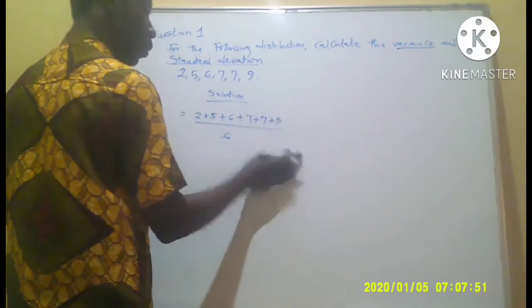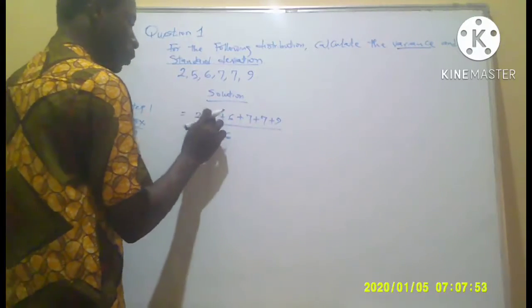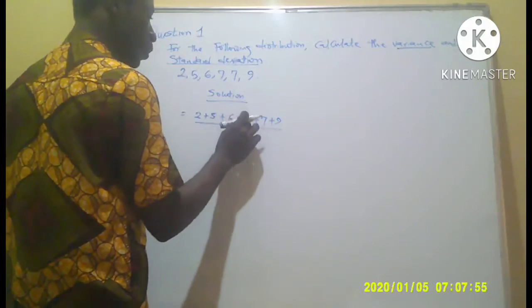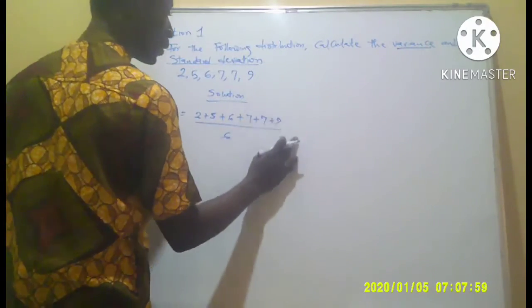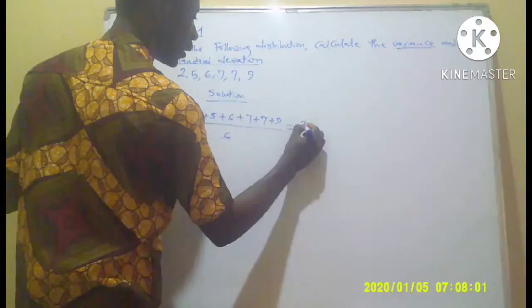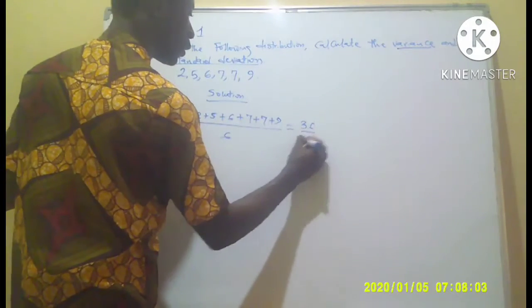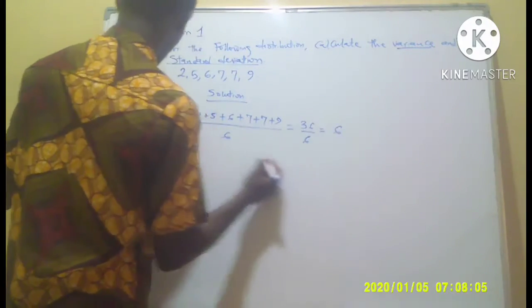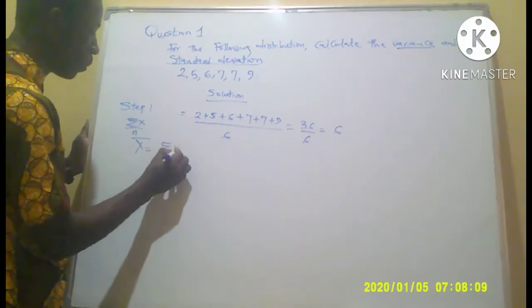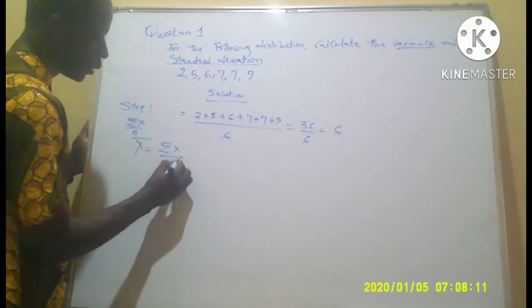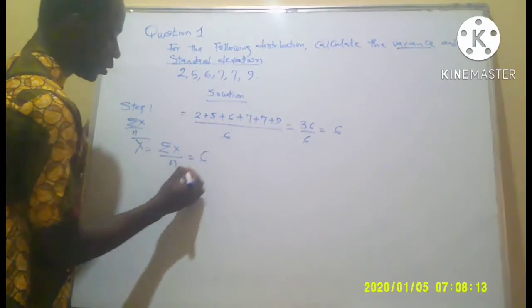Let's be sure: 2 plus 5 is 7, plus 6 is 13, plus 7 is 20, 27, 27 plus 3 is 30, plus 6 is 36. We have 36 divided by 6 to give us 6. So our mean, which is the sum of the numbers over the number of values, is equal to 6.